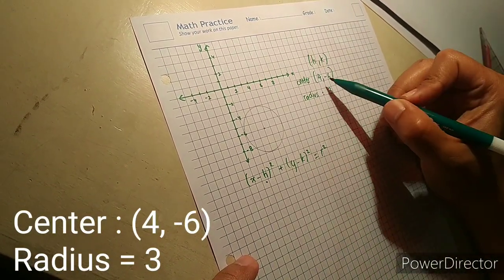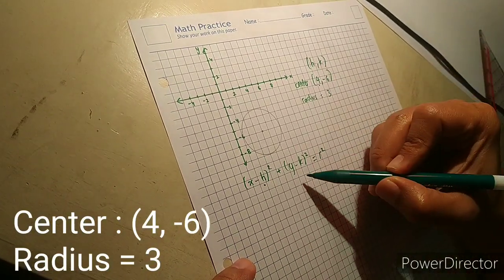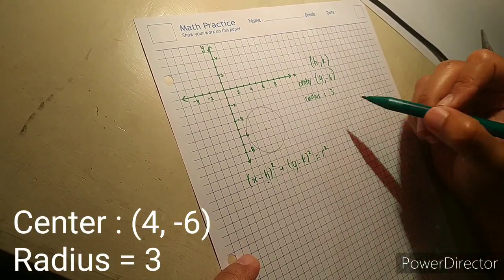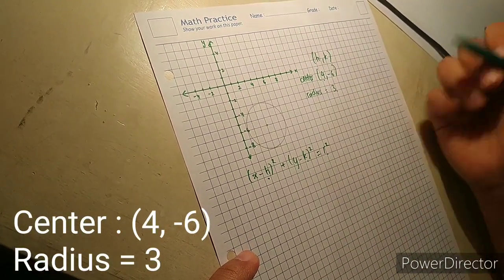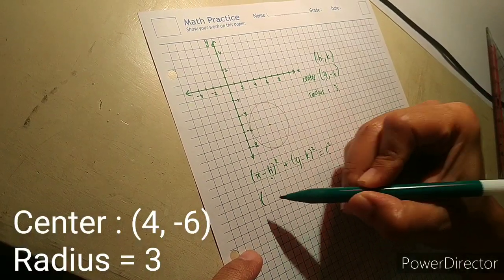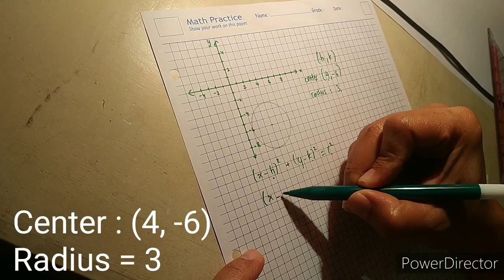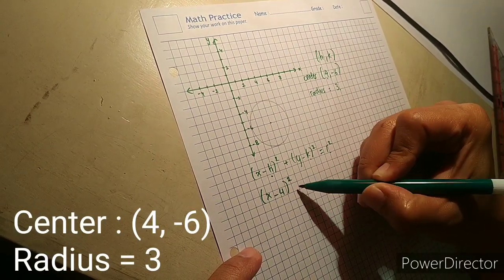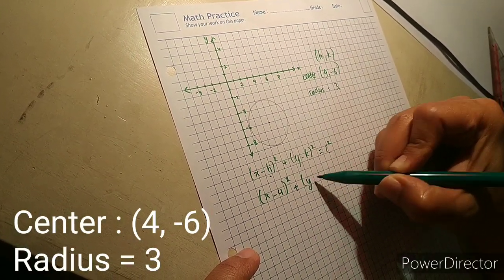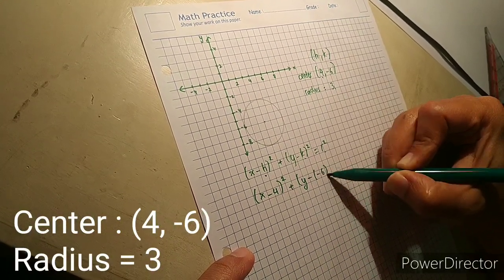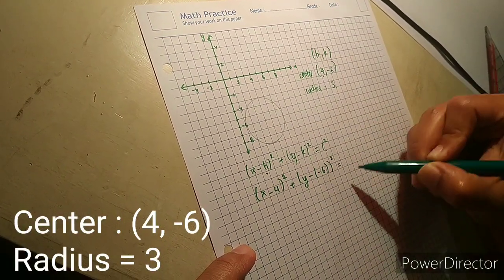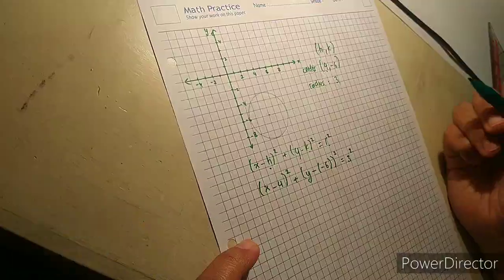So the h is known, the k is also given, and the radius is also given, so we can directly input the numbers. (x - 4)² + (y - (-6))² = 3².